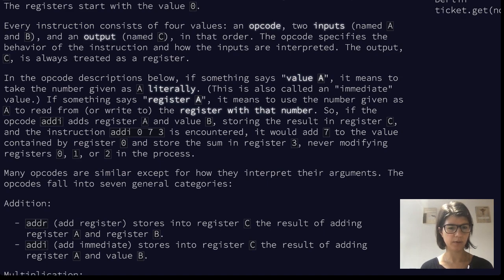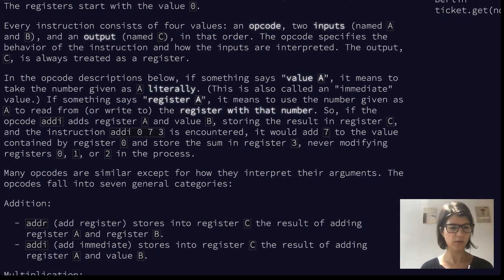In the opcode descriptions below, if something says value A, it means to take the number given as A literally. This is also called an immediate value. If something says a register A, it means to use the number given as A to read from or write to the register which has that number.